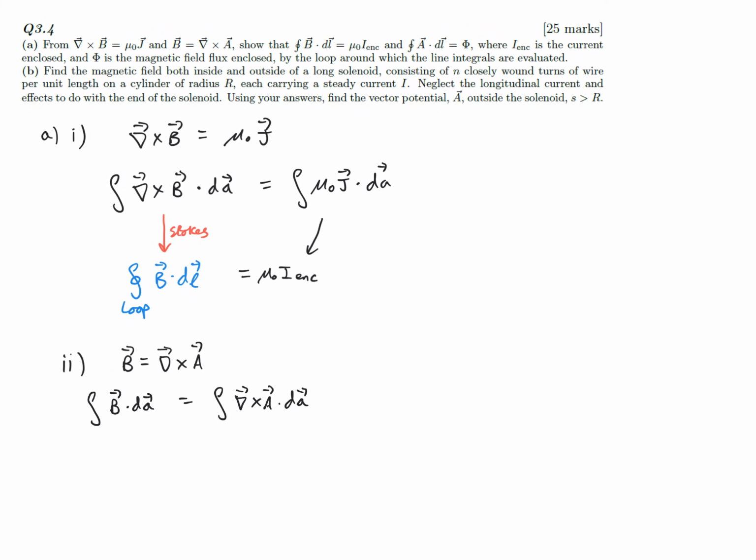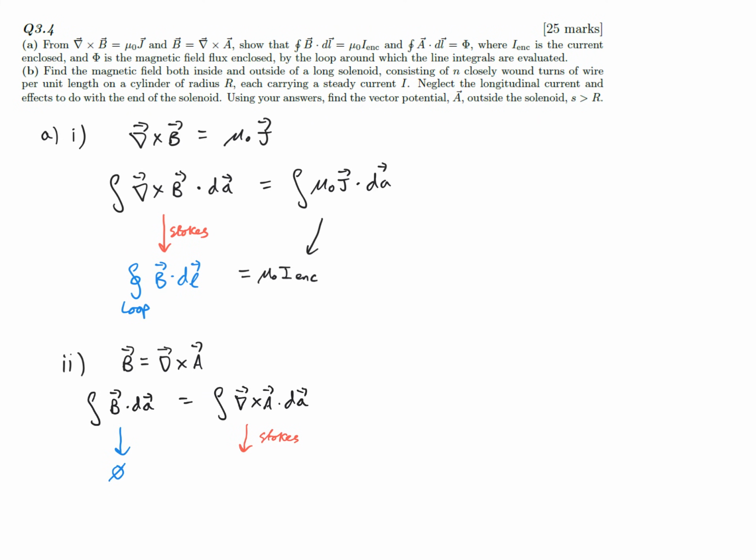On the left-hand side, we have, of course, the definition of the magnetic flux. This is the field lines piercing through some particular area. So that's the definition of the magnetic flux. On the right-hand side, it's Stokes' theorem again.